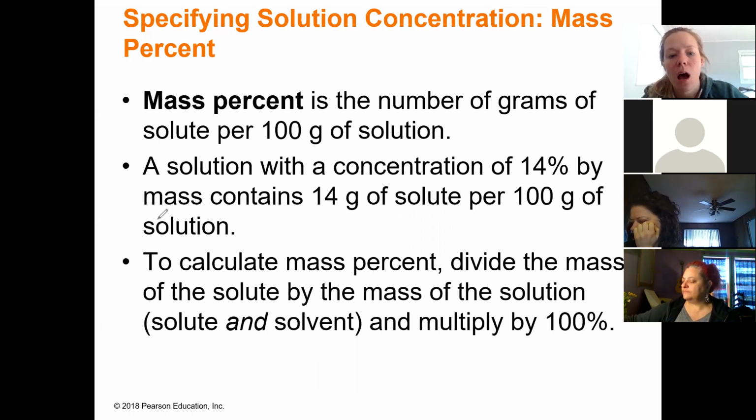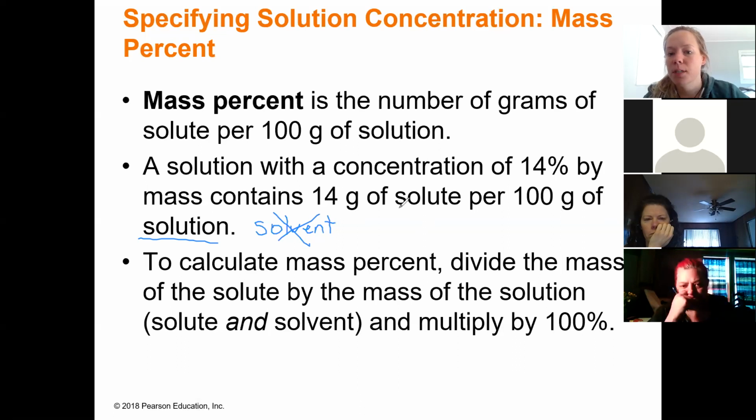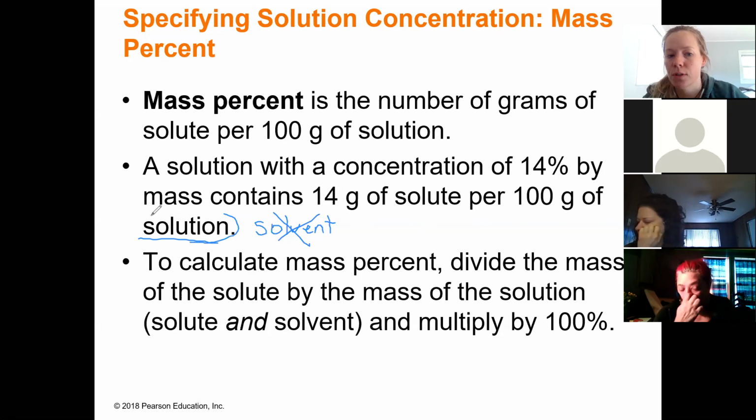Not 100 grams of the solvent. A lot of times people think it's solute over solvent, like 14 grams of salt over 100 grams of water. No, it would be 14 grams of salt over 114 grams of solution. Make sure you're using the solution mass on the bottom.